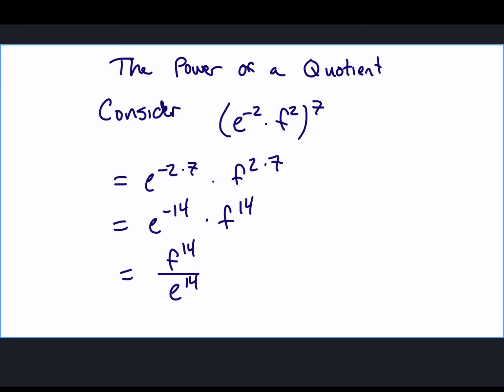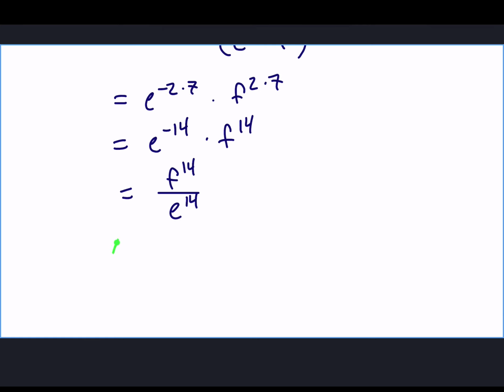Now, because we have a way to deal with negative exponents, we're going to consider this a different way. e to the negative 2 times f to the 2, raised to the 7th. We can actually deal with that e to the negative 2 in our first step, and we can get f squared over e to the 2 power.